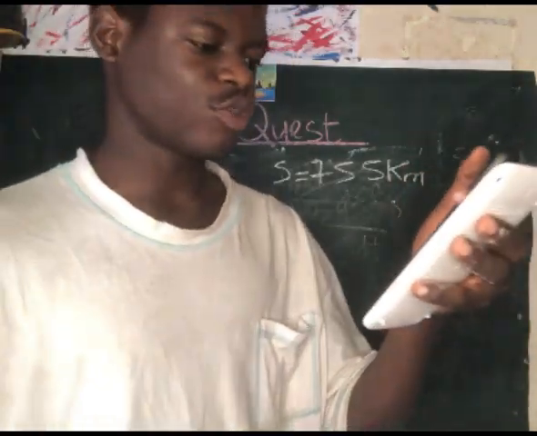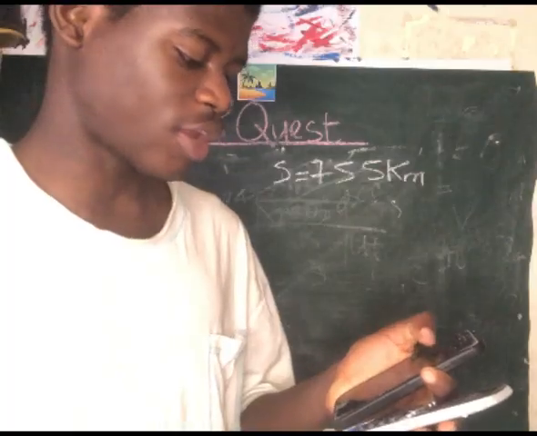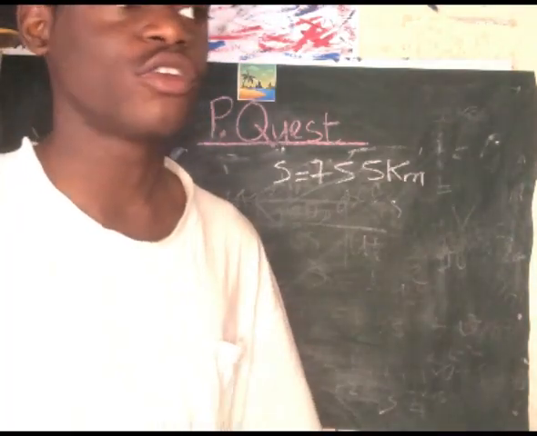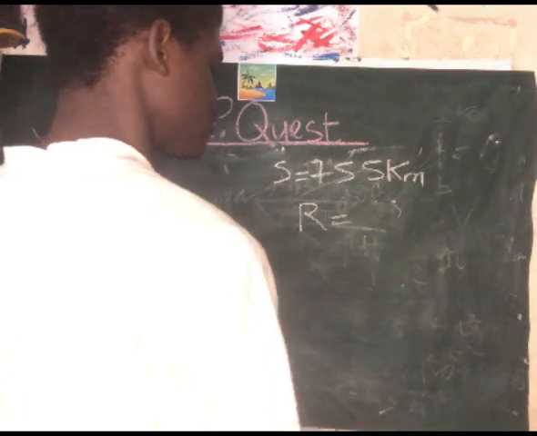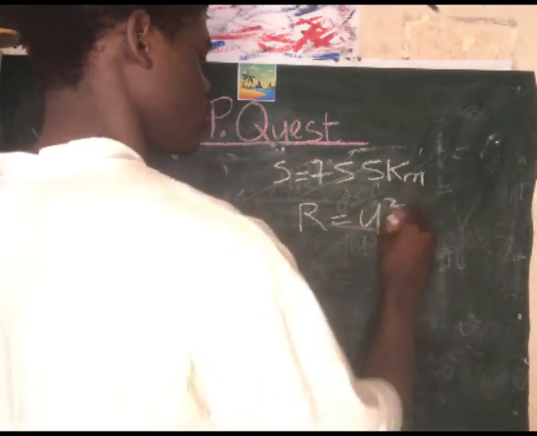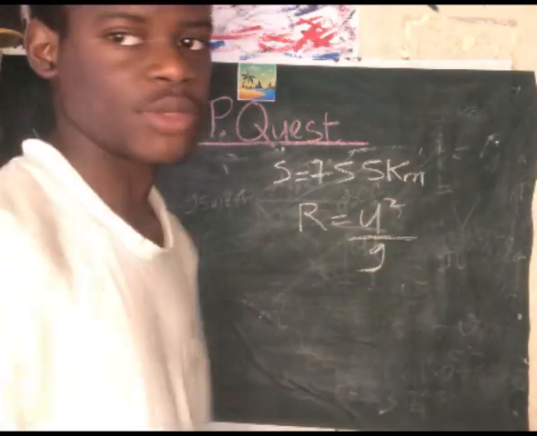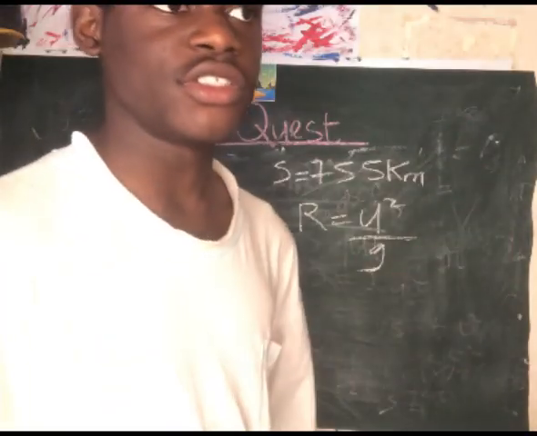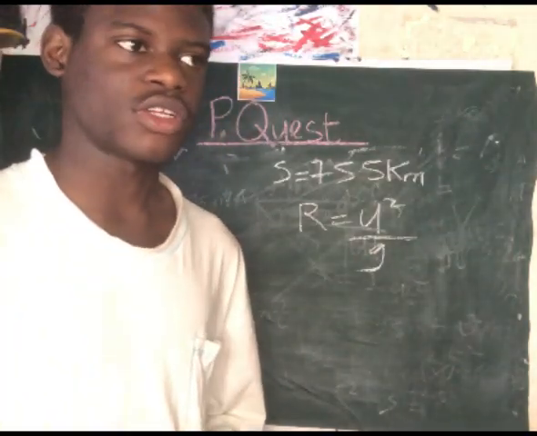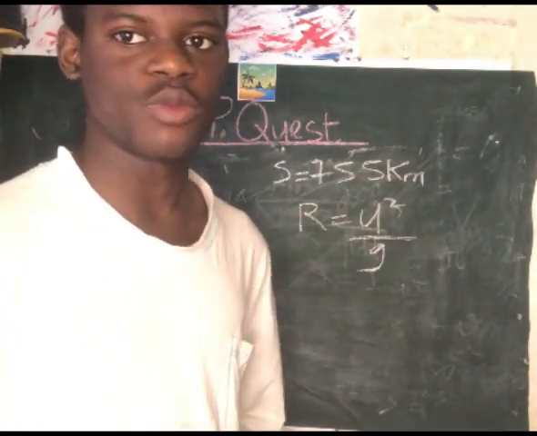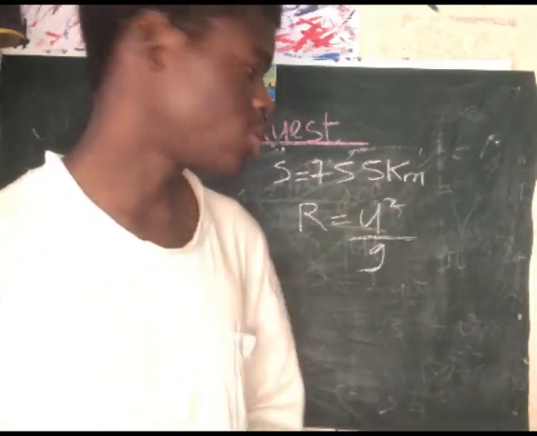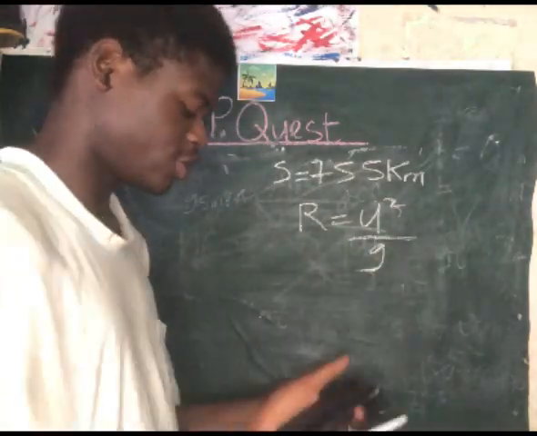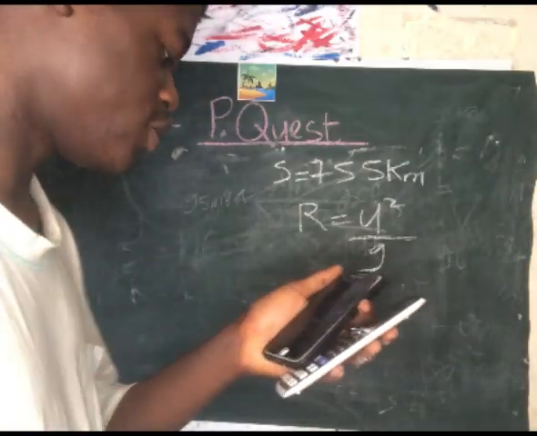So this is a question under projectile because they are asking for minimum velocity, and at minimum velocity the range is u squared over g, because at minimum velocity the range is maximum. If the range is maximum, then theta is 45 degrees, and that's sine 2 theta, that's sine 90, and sine 90 is 1. So R is equal to u squared over g. And that's why you should look for the minimum velocity.